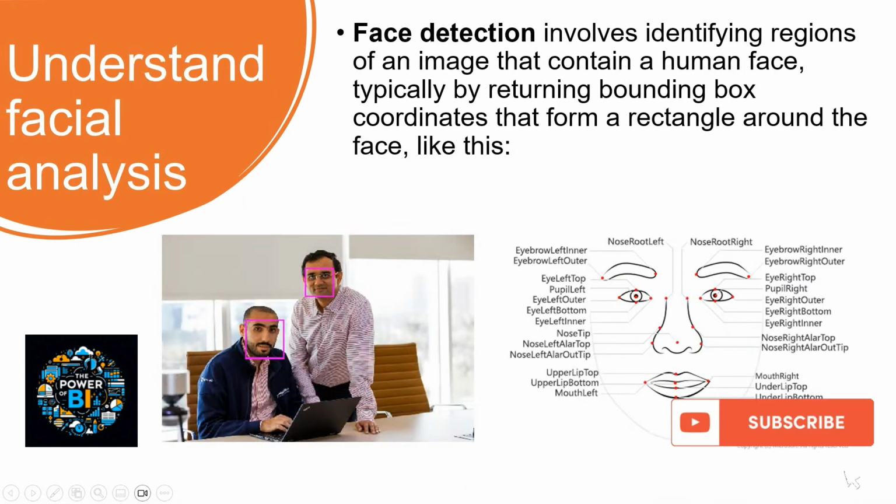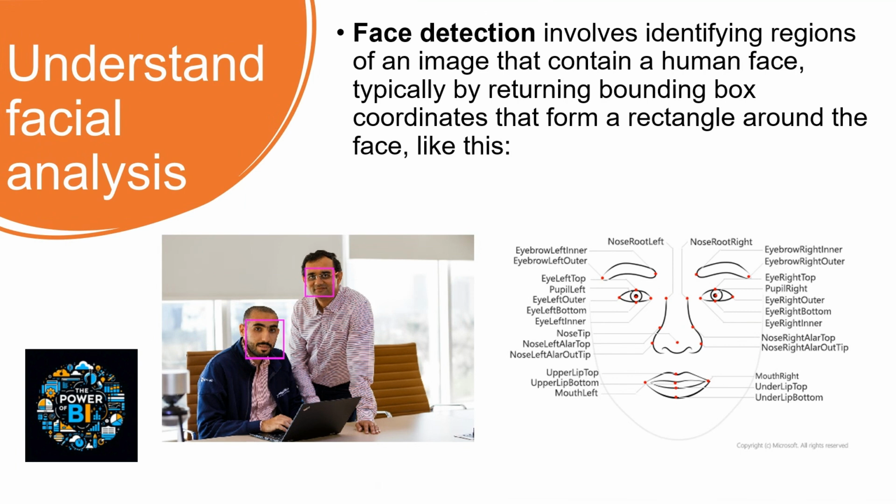Face detection is basically identifying the structure of the human face, and typically returning bounding box coordinates that form a rectangle around the face, like this. With the face analysis feature, you can train a machine learning model to return other information such as features like eyes, nose, eyebrows, lips, and others.